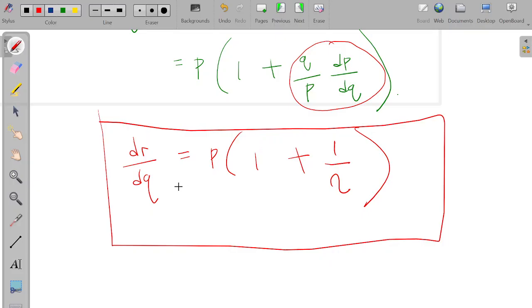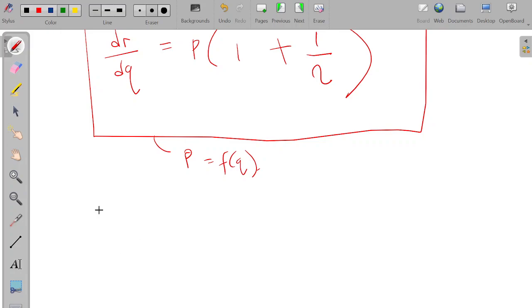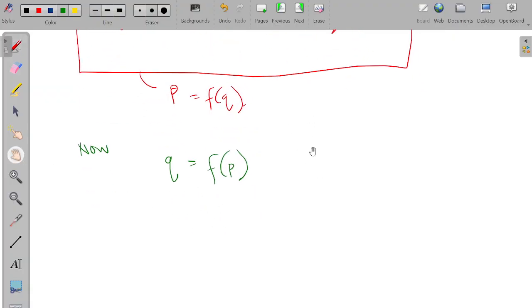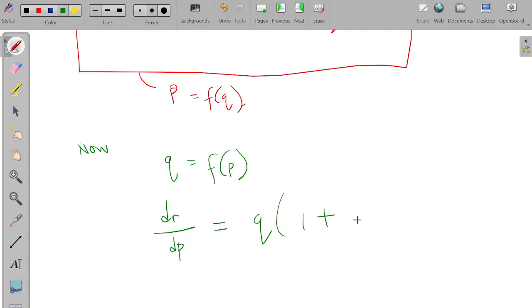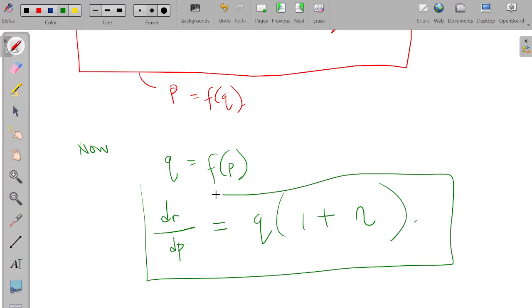So our change in revenue becomes this when we're dealing with P as a function of Q. Okay, now when we're dealing with Q as a function of P, our marginal revenue now becomes Q times 1 plus point elasticity. Okay, so you see the difference between the two equations.